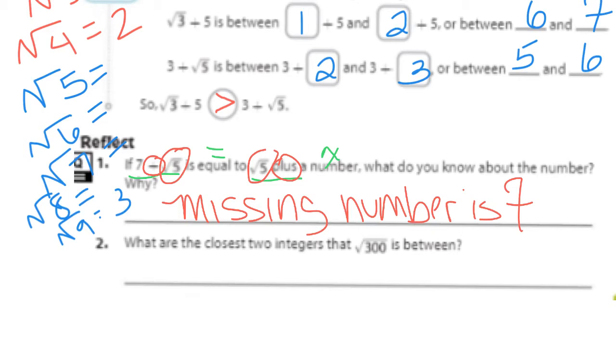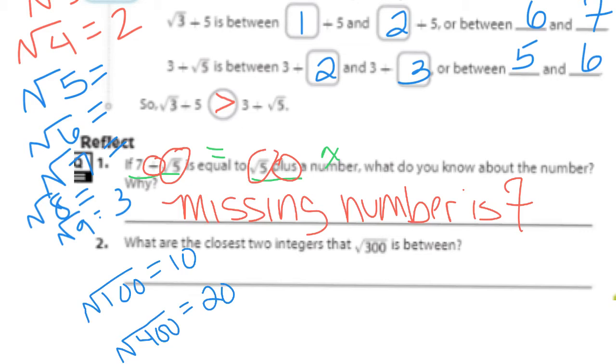Number 2, what are the closest two integers that the square root of 300 is between? So this is more of a guess and check kind of thing. So the square root of 100 I know is 10, and the square root of 400 is 20.